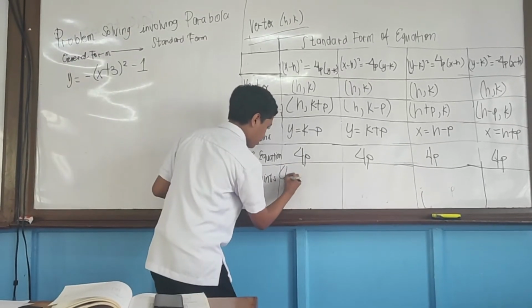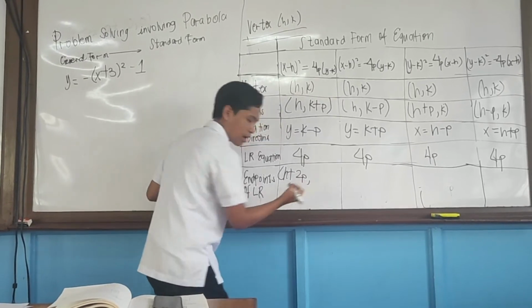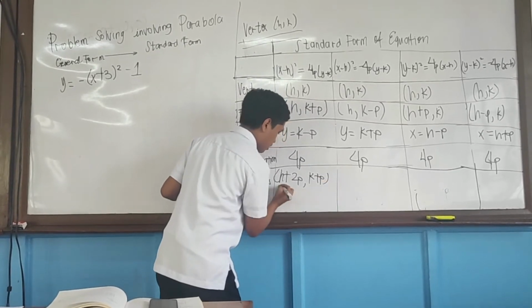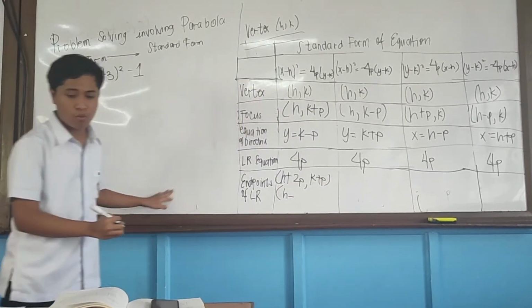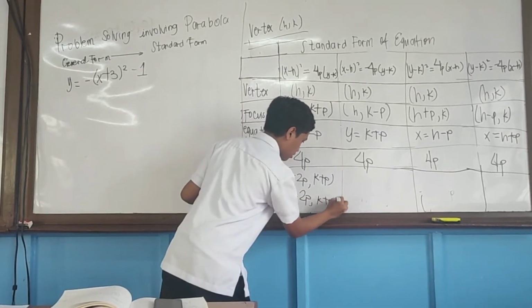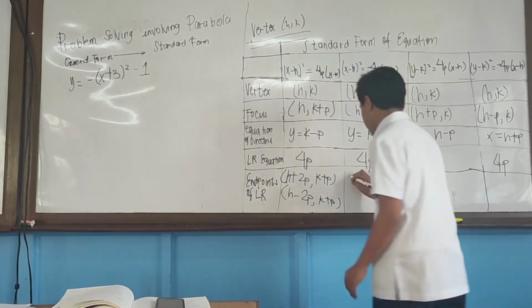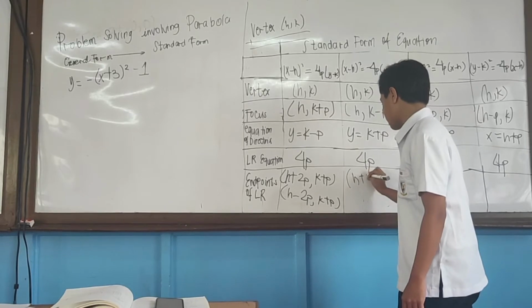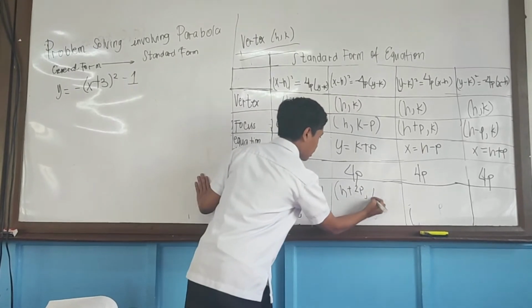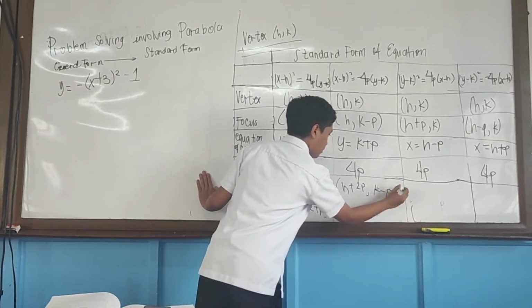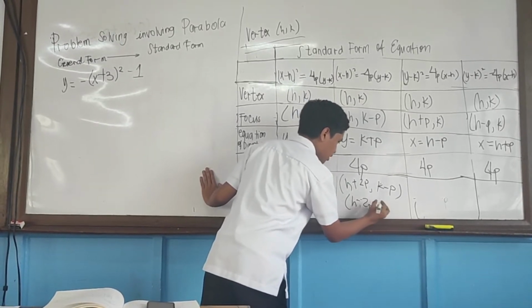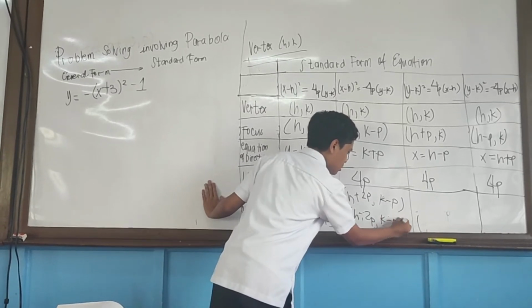We have here (h + 2p, k + p), and (h − 2p, k + p). Then we have (h + 2p, k − p), and (h + 2p − 2p... that is (h − 2p, k − p).